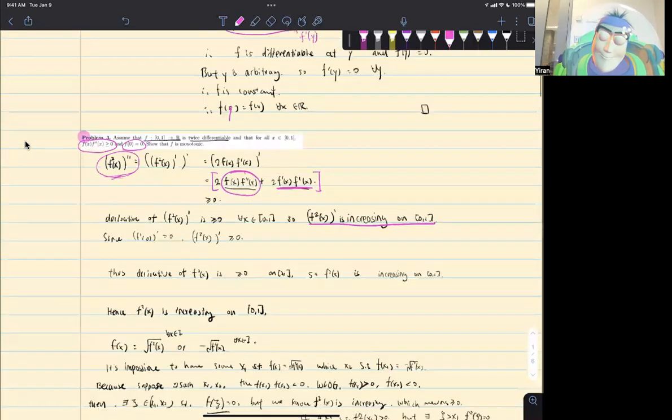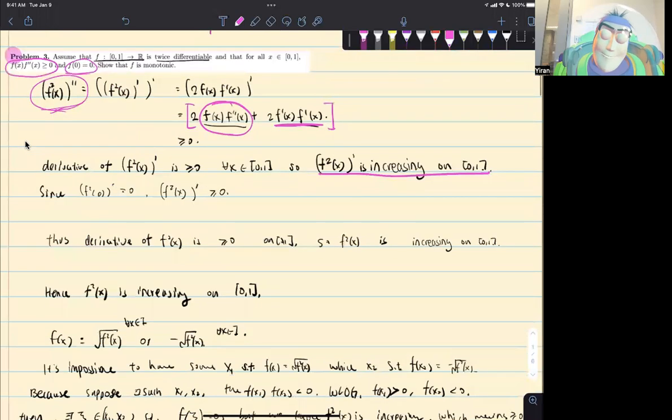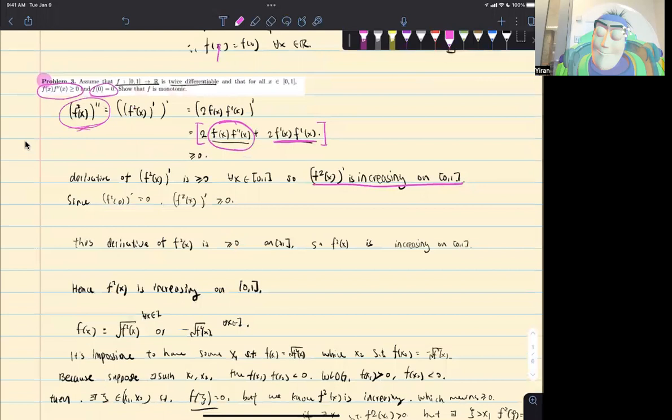And eventually we want to show that f is monotonic. So this is just telling you that the first derivative of f squared of x is monotonically increasing. But that does not tell you that f is monotonically increasing.